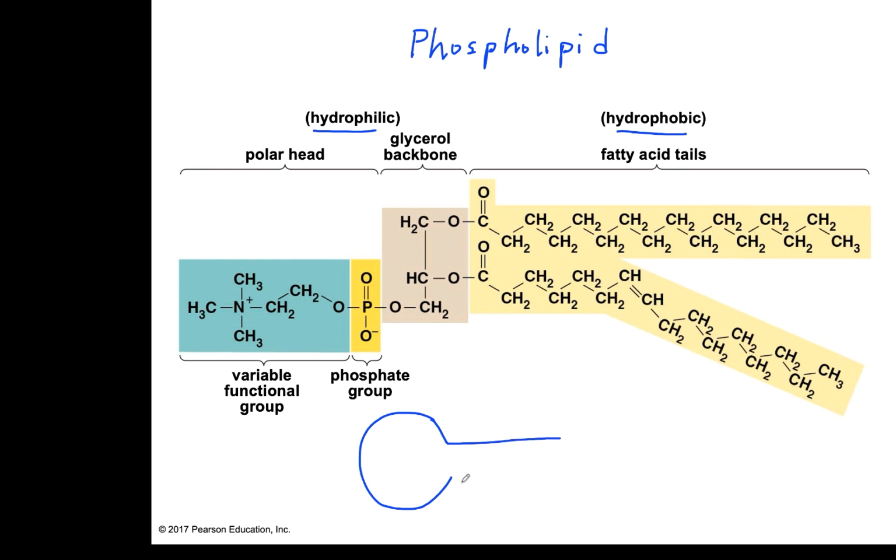Because of 2 fatty acid tails, we can draw 2 lines, and this is the tail region, and this is the head region. Head region shows hydrophilic property, tail region shows hydrophobic property.